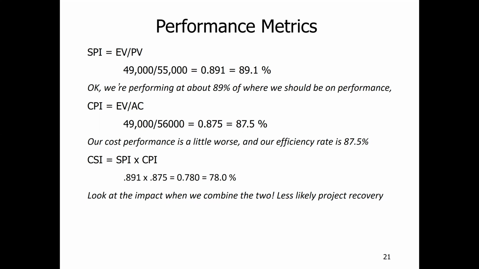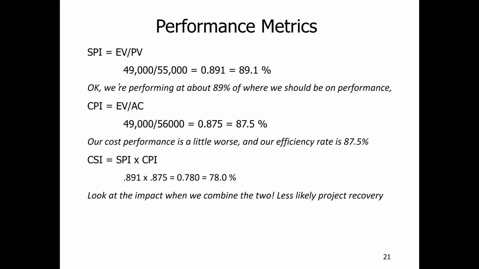Now we calculate the cost performance index, which is EV over AC. EV is 49,000, AC is 56,000. So the value is 0.875, or 87.5%. We were looking for this to be more than 1, but it's less than 1, so cost is over budget.